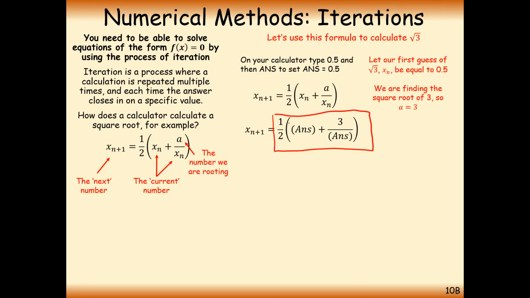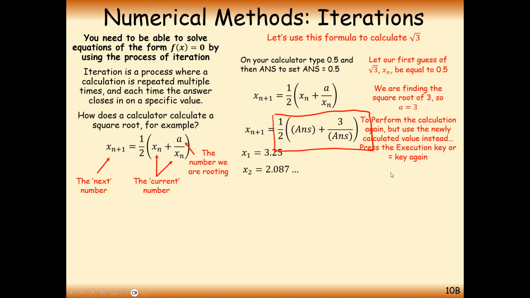Half, open a bracket, type the answer, find the button that shows the answer. Make sure you don't evaluate it. You only press it once, and you press plus 3 over the answer, and now you press execute and execute again. You should get these values that are coming up.